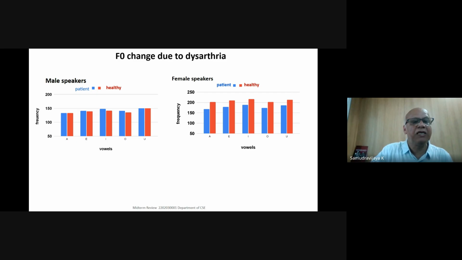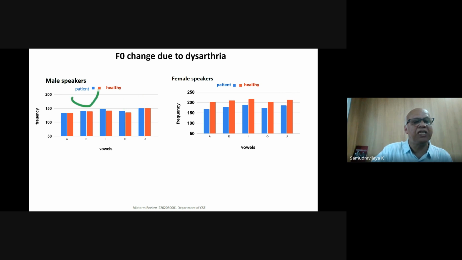Now, in this particular case, the red bar belongs to the healthy speakers, and the blue one belongs to the patients. You see that in general, the blue ones are slightly higher than the red ones.